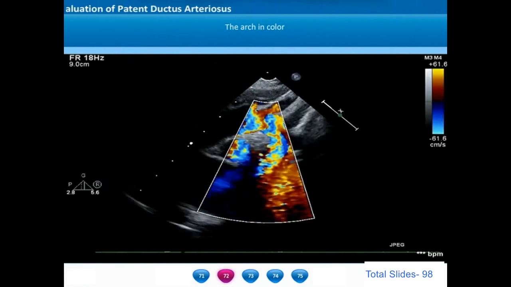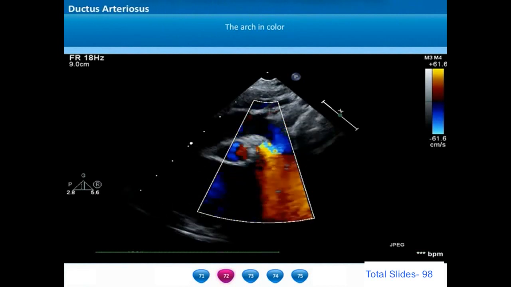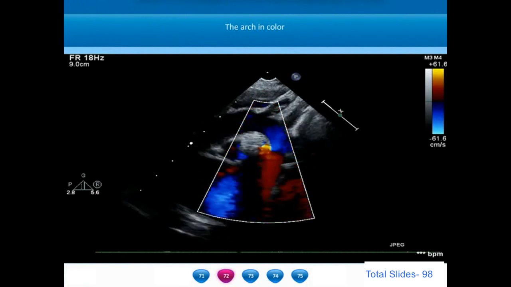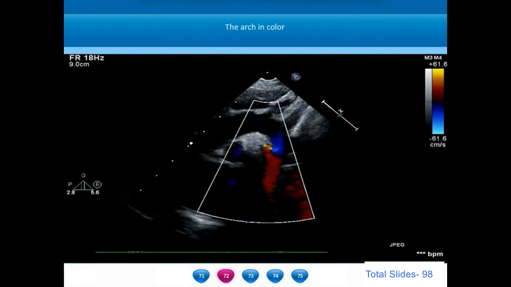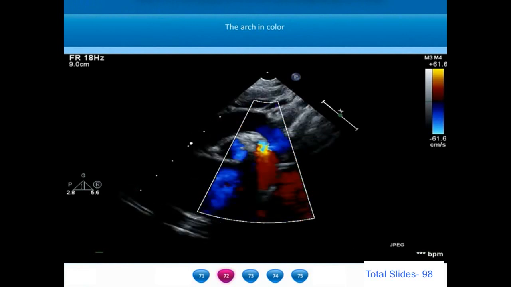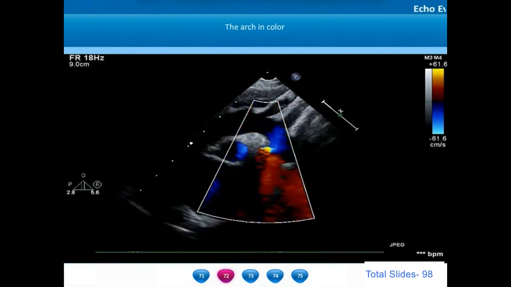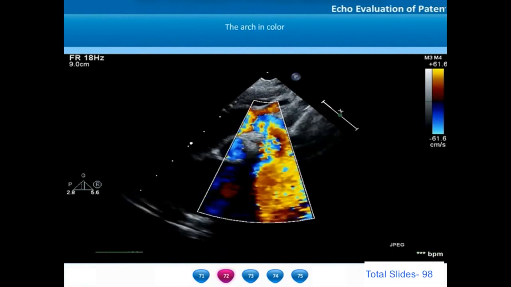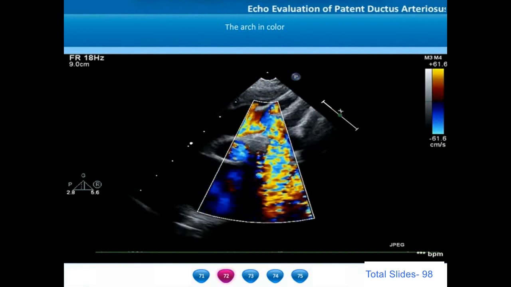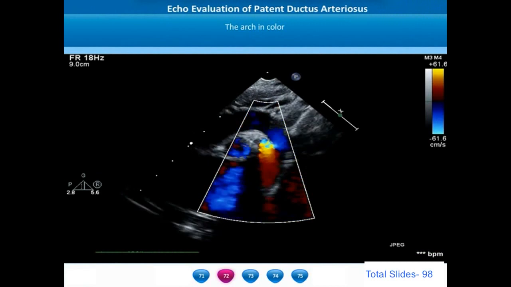Suprasternal long axis view along the aortic arch shows the entire ascending aorta arch and the descending aorta with the arch-vessel branches. We can notice the flow convergence of the blood in diastole from the arch of the aorta and the descending thoracic aorta towards the aortic end of the ductus arteriosus.